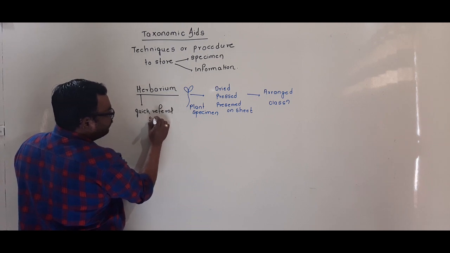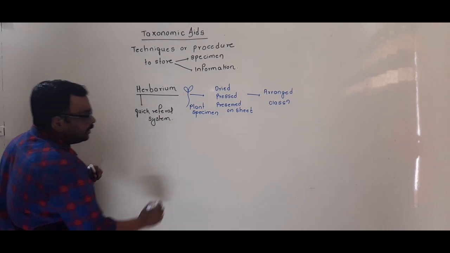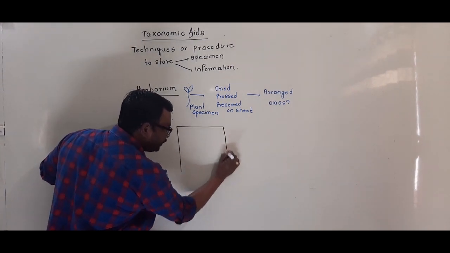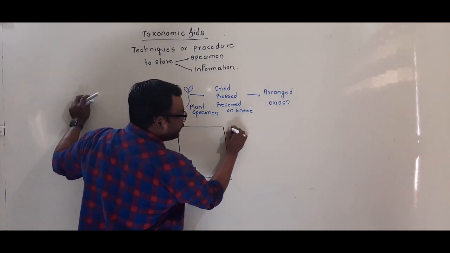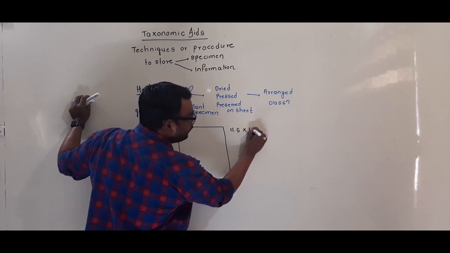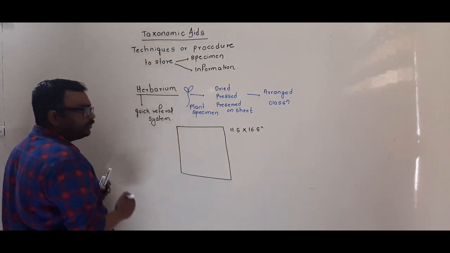Now let us talk about more details of herbarium sheets. Whenever a herbarium sheet is prepared, let us suppose this is the herbarium sheet. Generally the size of a herbarium sheet is 11.5 by 16.5 inch, or 11.2 by 16.2 inch.